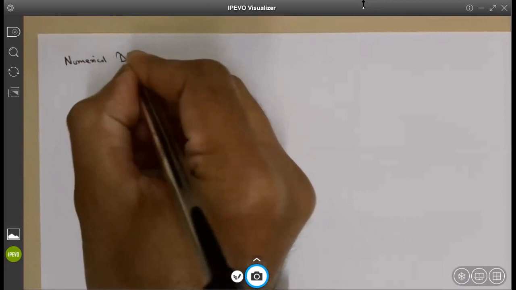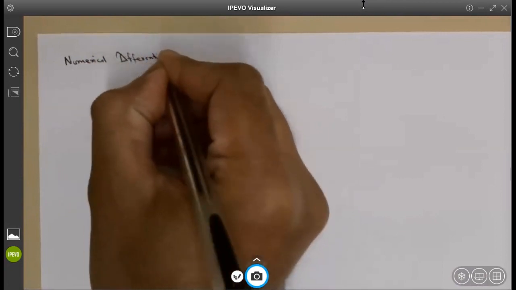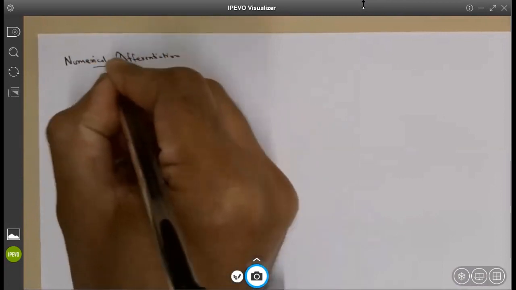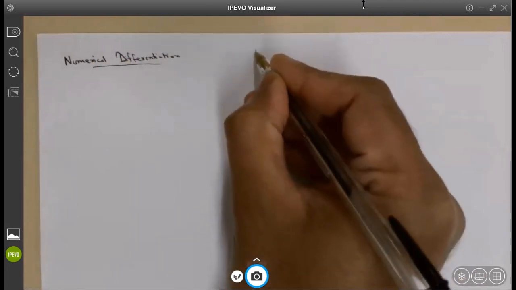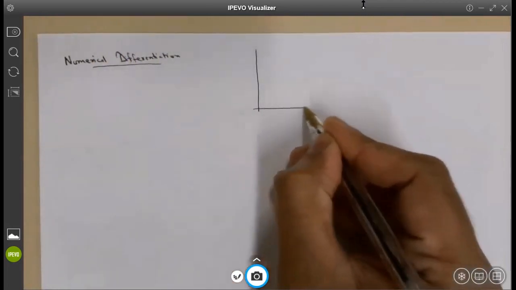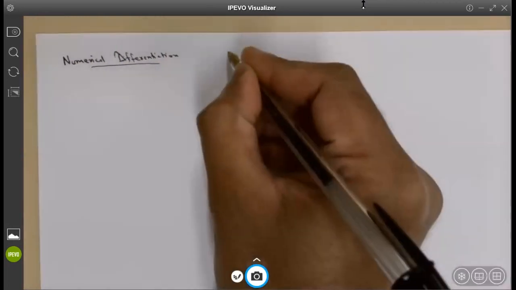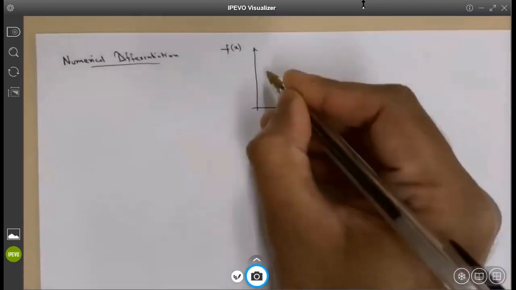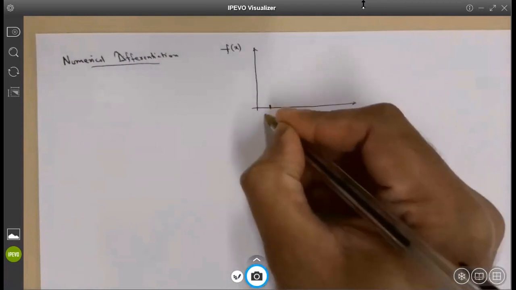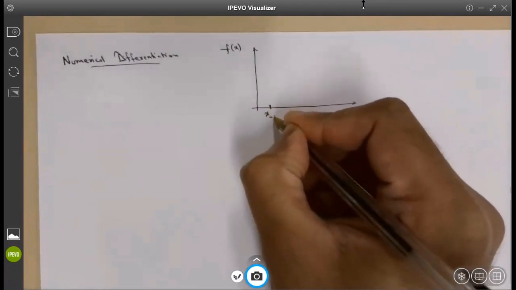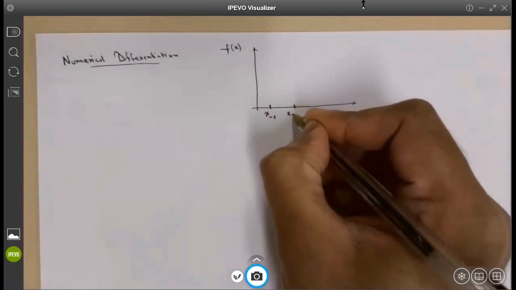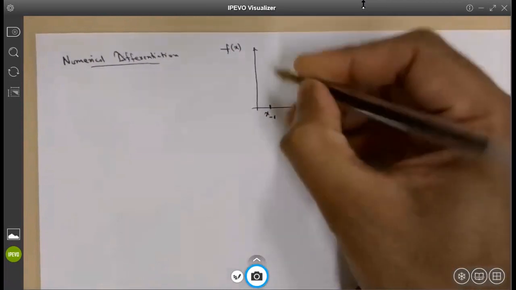To perform numerical differentiation, we are given first a set of data points. This is your x and this is your function. Let's say x negative 1, x0, and x1.